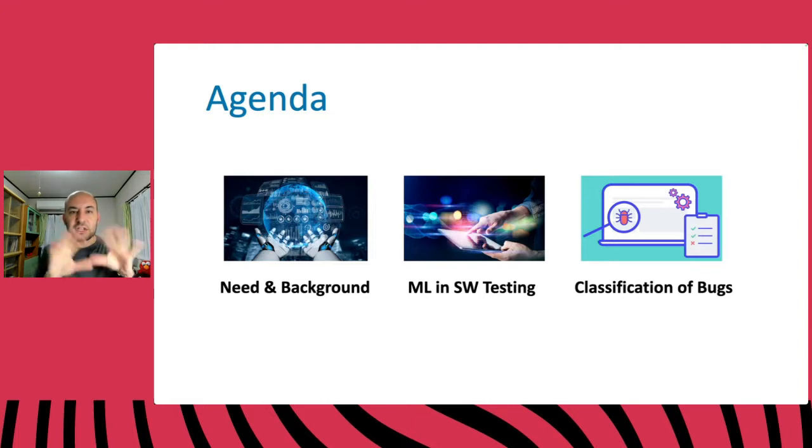Whenever we have a new bug description, then based on this text, it will be something like NLP, natural language processing, and try to guess what priority level or severity level it should be based on the previous experiences, the previous learnings. So this is why we call it machine learning, right?